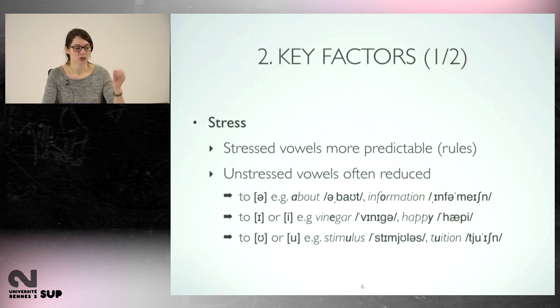So again, you have a difference between the short lax U, which is the first vowel that you have on the screen, found in stimulus, and the non-phonemic U, which occurs in the same type of context as E, which you can see in tuition. In tuition, you have a context where the U vowel occurs right before another vowel, which is the stressed vowel in the word.